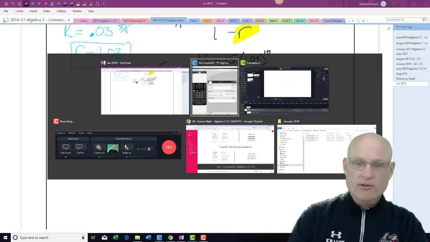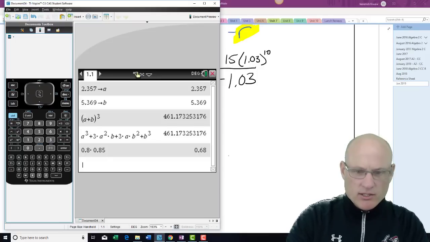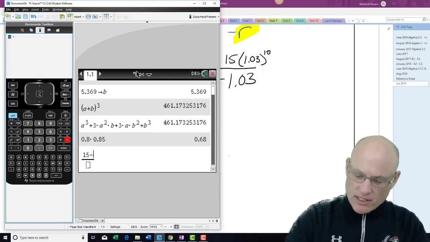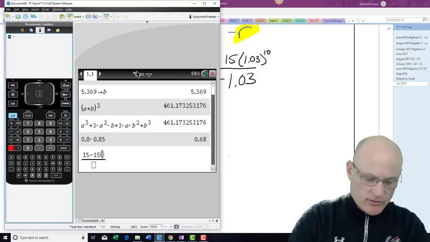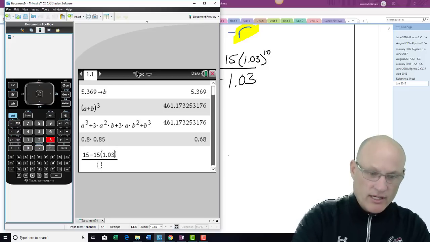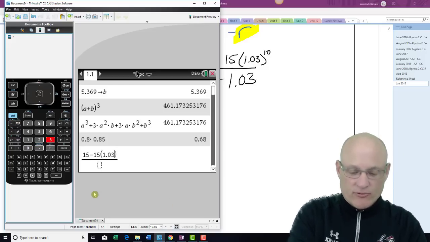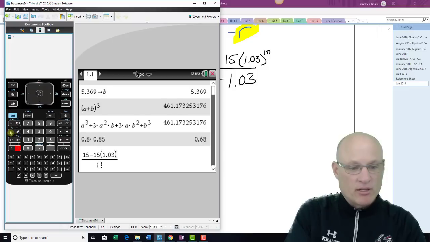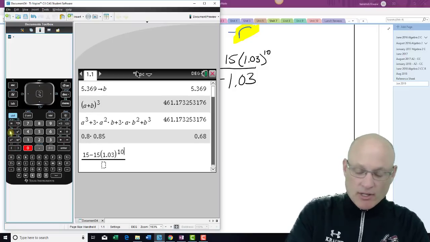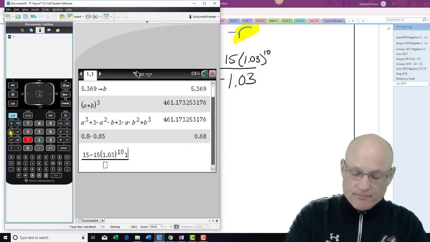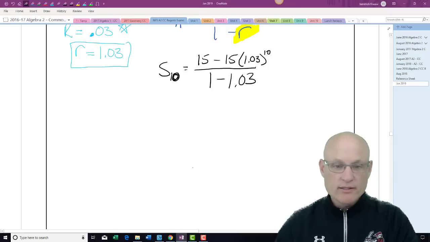So we just grab our calculator. 15 minus 15, parenthesis, 1.03. I still don't understand why they make you use this formula. I like the geometric series formula and the big old sigma, but for some reason they like this formula. 1 minus 1.03.